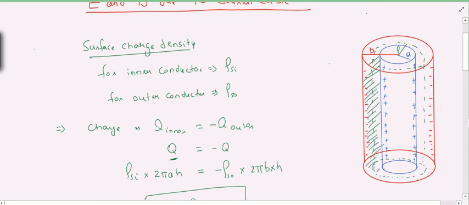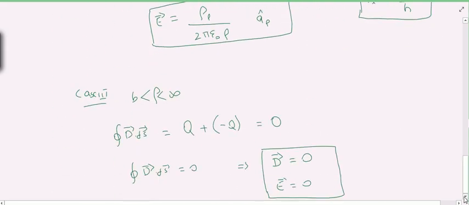You can also imagine that this is happening because all the flux lines emerging from the positive inner conductor will converge on the negative conductor, and there will not be any flux lines going outwards from here, right? So that's why the electric field intensity and D both lie in this space only. Inside this and outside this both are 0.